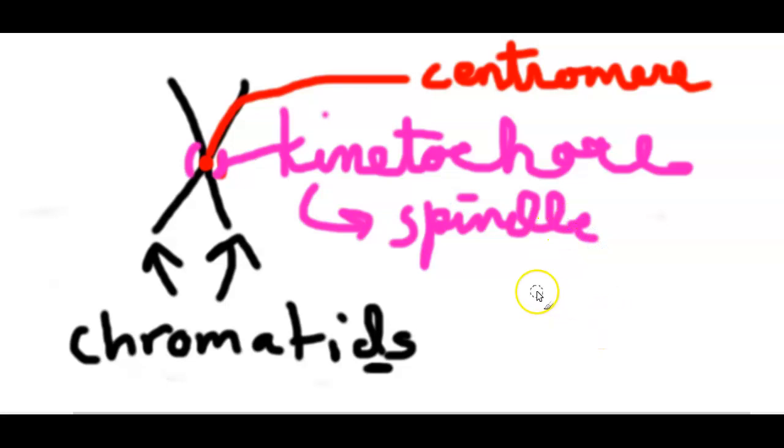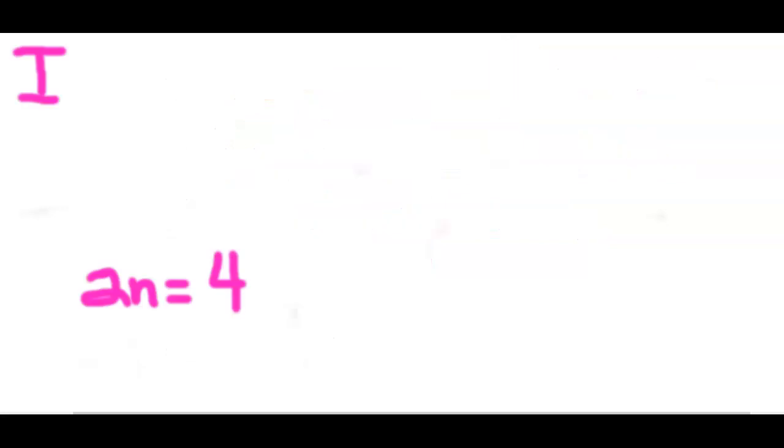Now we're actually going to go into the pictures of mitosis. We're going to draw those out. In our example, we're going to say that our diploid number equals 4. So let's start out with interphase, and we're just going to be mostly interested in the DNA. That is going to be our cell, and I'm going to make the nucleus really big.